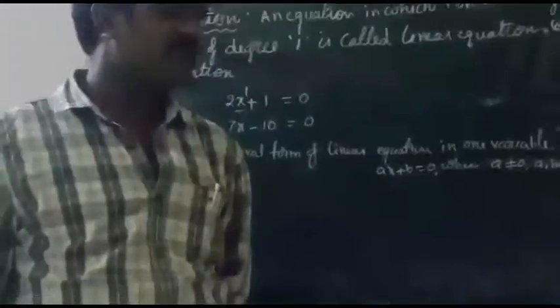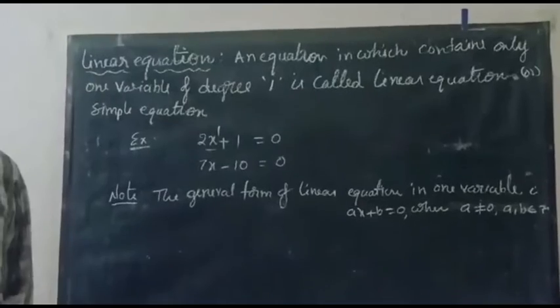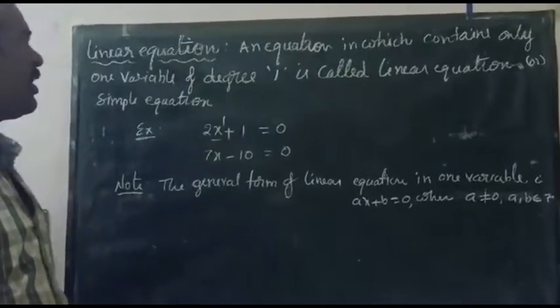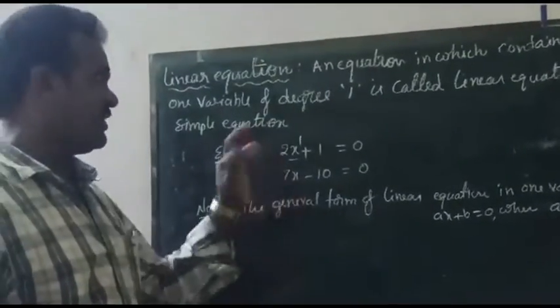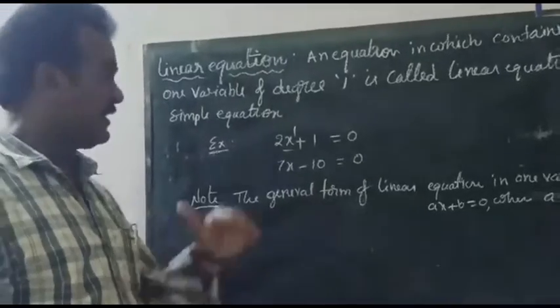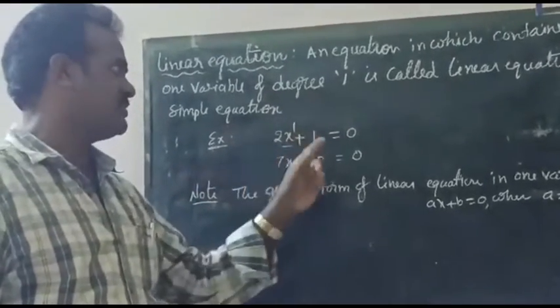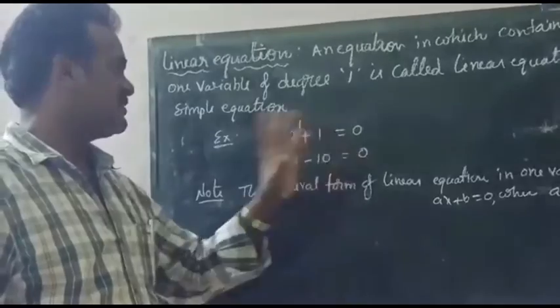What is a linear equation? An equation which contains only one variable of degree 1 is called a linear equation or simple equation. These are the examples: 2x plus 1 is equal to 0, 7x minus 10 is equal to 0.